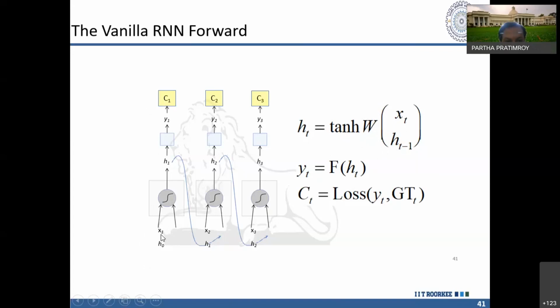When we are considering x1 with h0 initially 0, and then x2 with h1, like in multi-layer perceptrons, you consider w into x2 plus w into h1. It's a weight matrix, so you multiply with some weights, and these weights will be adjusted using the backpropagation algorithm.